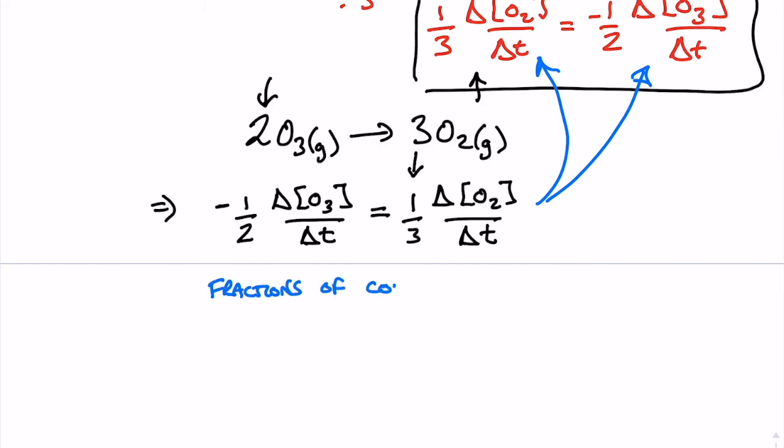So of course it's much easier to use fractions of the coefficients of a balanced equation, because that's where it all comes from.